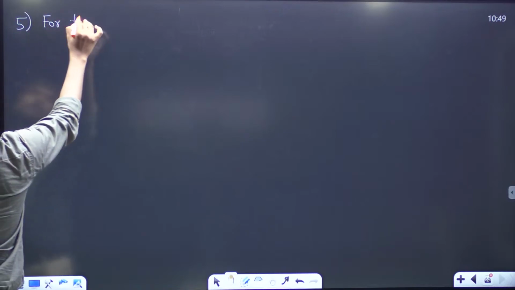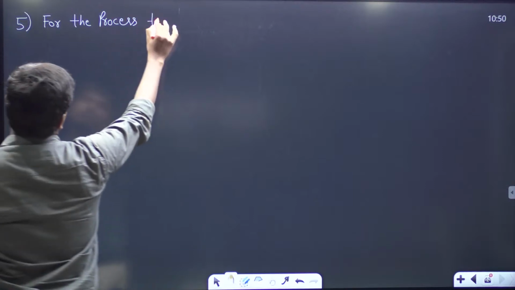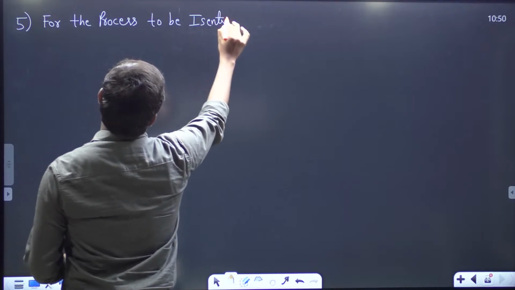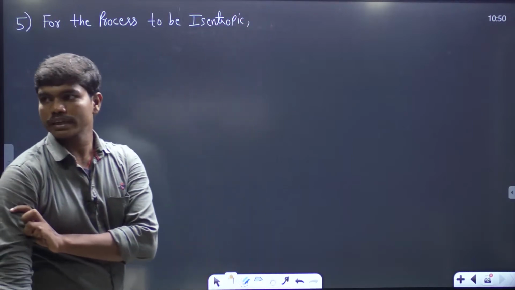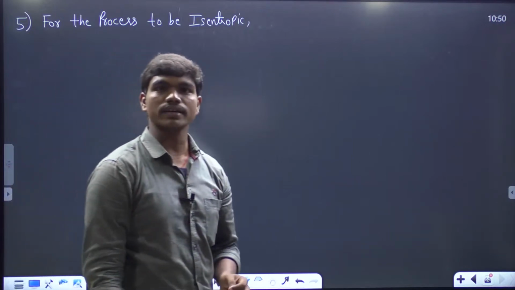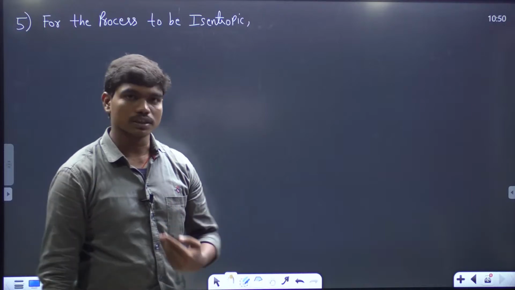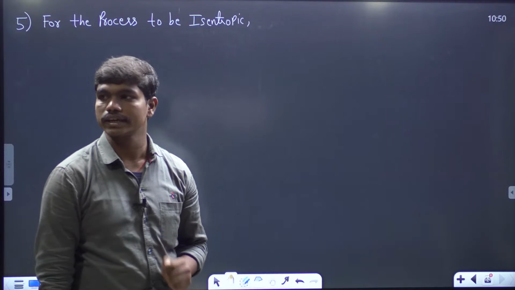For the process to be isentropic, now tell me, should it be reversible adiabatic? Is it mandatory? For the process to be isentropic, does the process have to be reversible adiabatic? No, we have seen yesterday, correct?